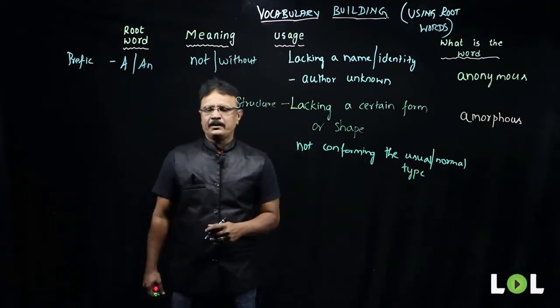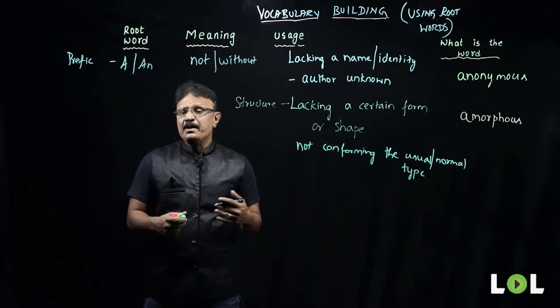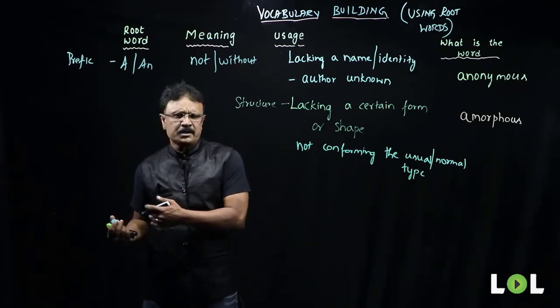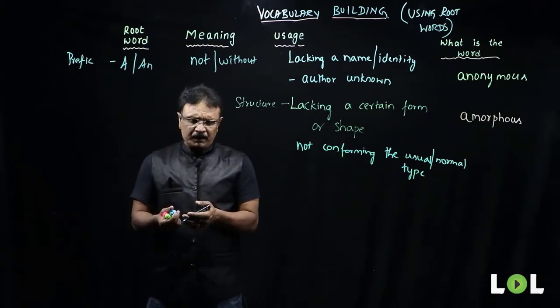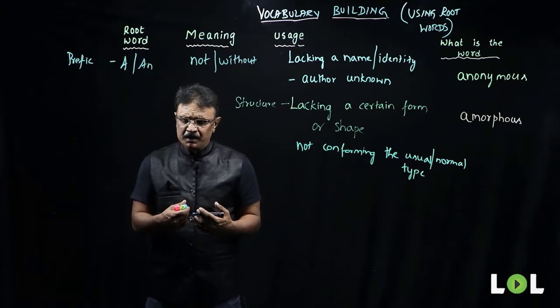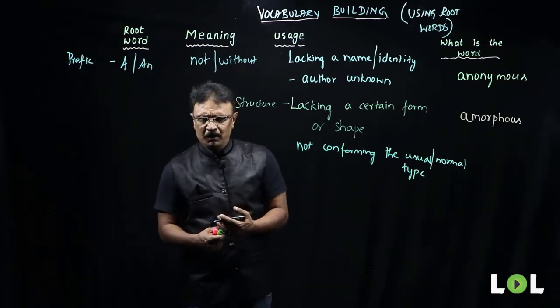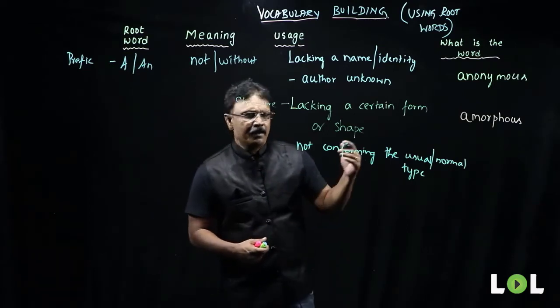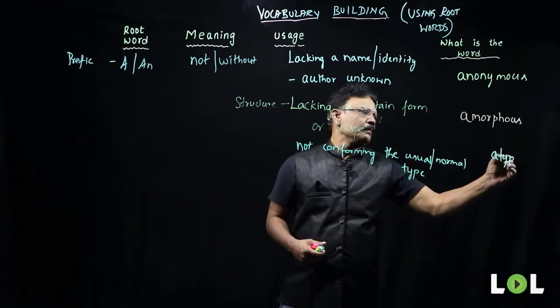What is the word that I'm looking for? A person or a behavior of a person which does not conform with normal practice or usual practice. So the behavior that this person is exhibiting is called atypical.